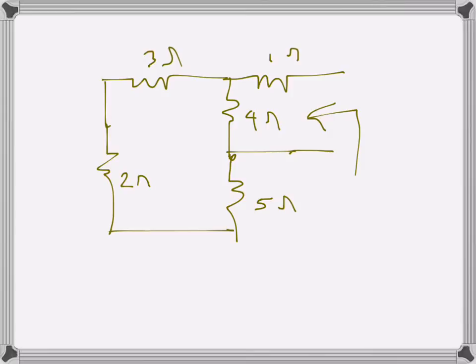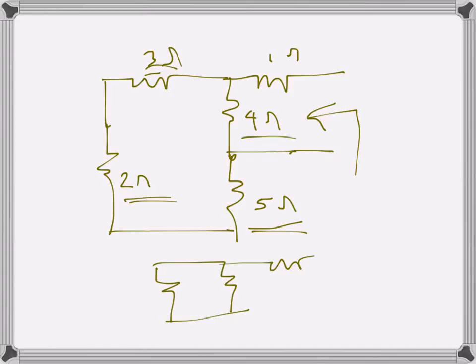These three resistances, 5 plus 2 plus 3, that is 10 ohms, are in series, and become parallel with the 4 ohms resistance, and that's in series with the 1 ohm. This is what it becomes.